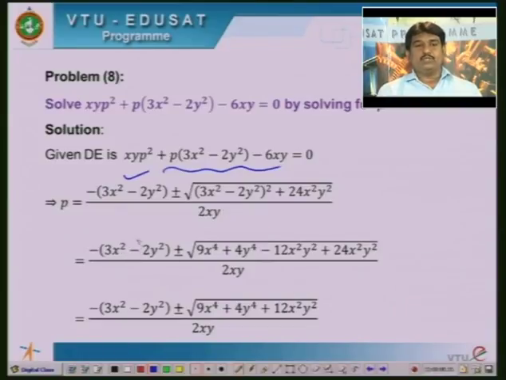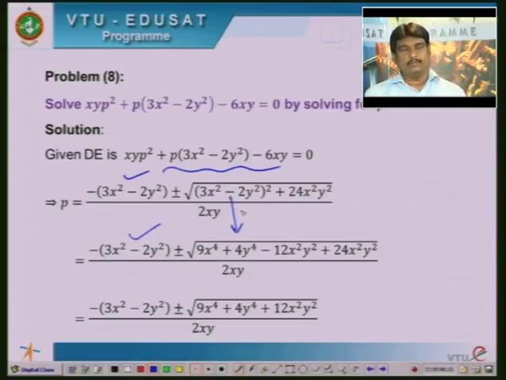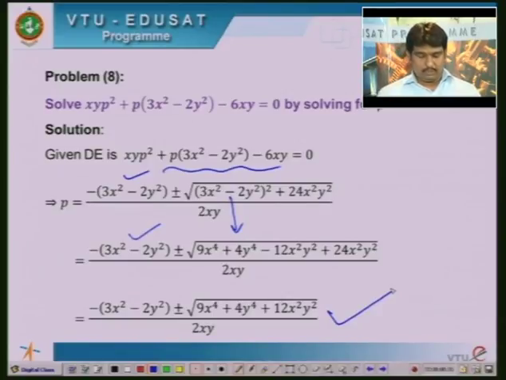Next step, it is minus of (3x square minus 2y square) plus or minus root of, you expand this a minus b whole square formula and simplify this to get p as minus of (3x square minus 2y square) plus or minus root of 9x to the power of 4 plus 4y to the power of 4 plus 12x square y square divided by 2xy.